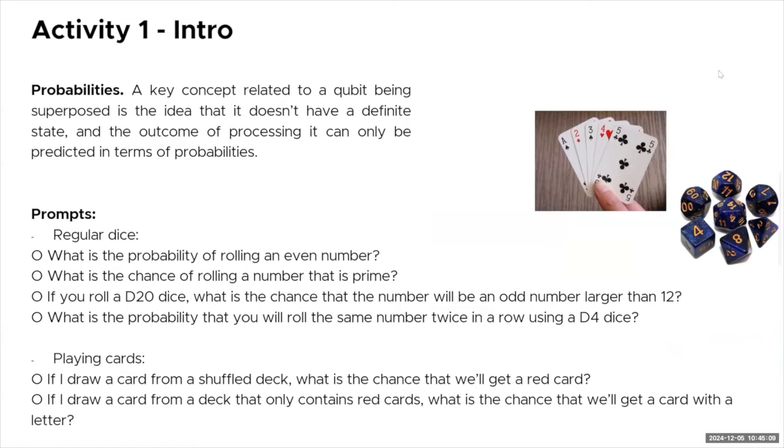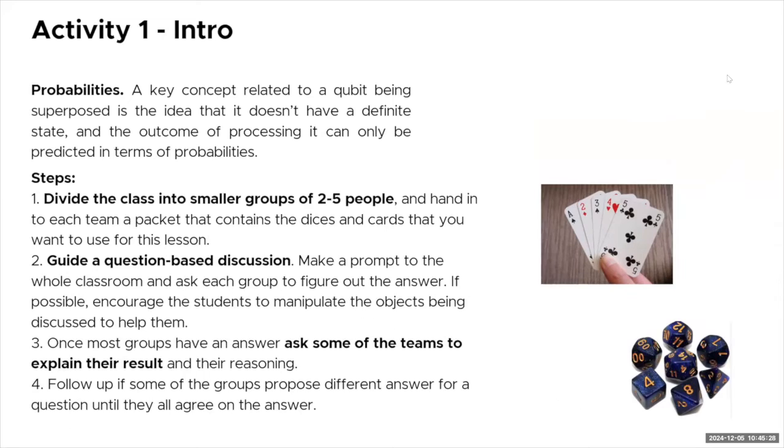So they can suggest, say, if I roll a die, what's the chance that I will get a prime number? Or if I am taking cards out of a shuffled deck, what's the chance that I'll get a card that has a letter? This is just to introduce the concept of probabilities.